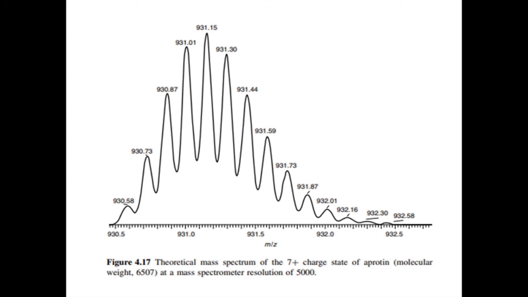From simple probability theory, it can be shown that for an ion of mass to charge M containing n carbon atoms, there will be an ion at mass to charge M plus 1 of intensity relative to that at mass to charge M of n times 1.1 percent.